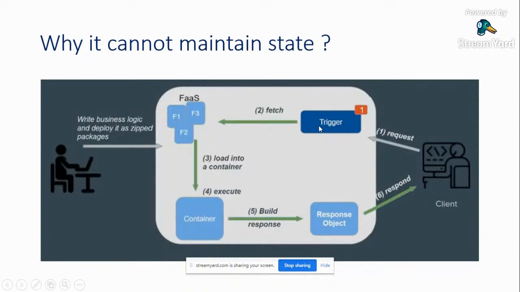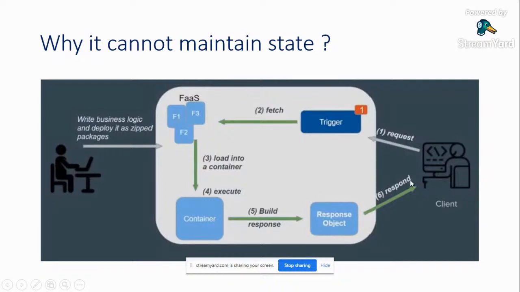So the HTTP trigger is initiated, and it goes and fetches the corresponding HTTP function, and then this function will get loaded into a container. A container is nothing but a place where the function executes. As soon as it gets loaded into a container, this will get executed and gives the response back to the client.